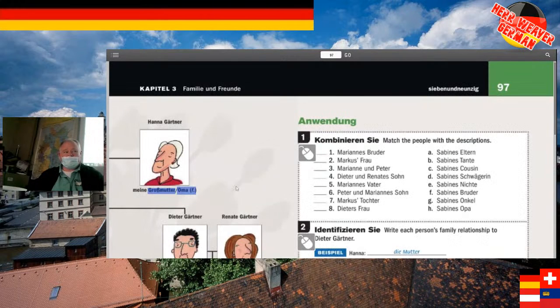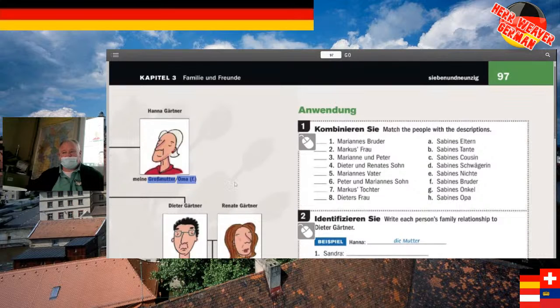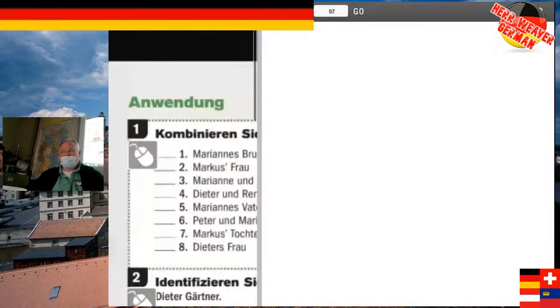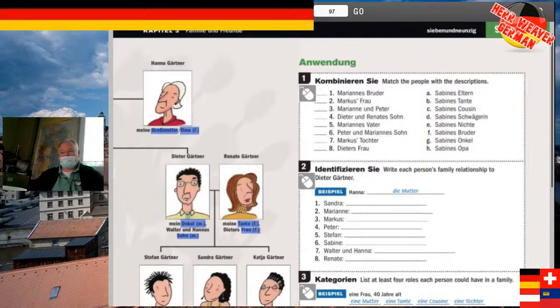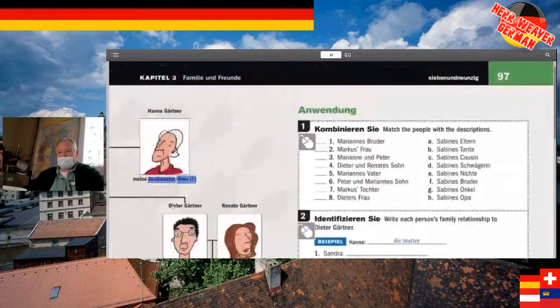So this guy's married to his sister. Yeah, brother-in-law's right. Schwager. That's how do you spell that? Schwager. Good. So Stefan, let's stick with Dieter again.